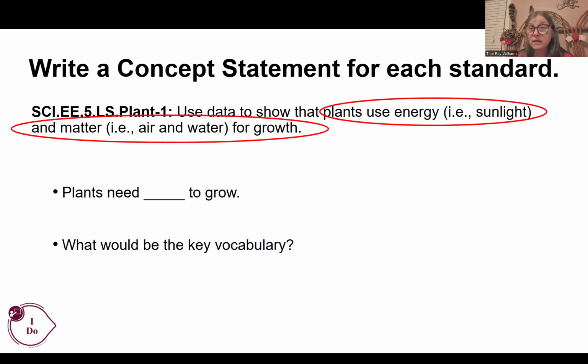And again, you could even have students who are at the level that their concept statement would be that plants need energy and matter to grow. Now, why did I go through all of those, right? Well, because I want you to really understand that it depends on the student. We individualize our instruction for our students. So depending on where the student is, the vocabulary word might be sunlight, it might be energy, it might be air and water, it might be matter.